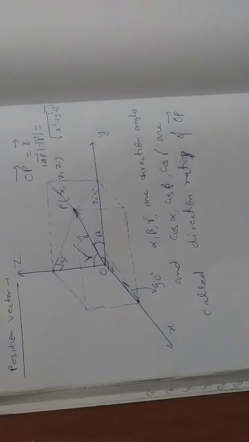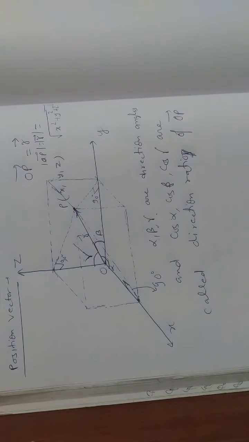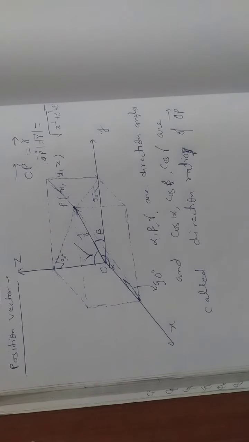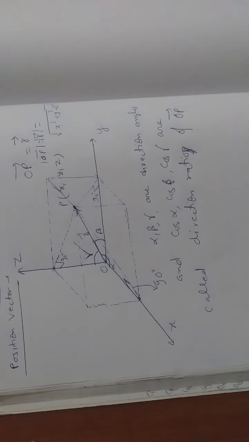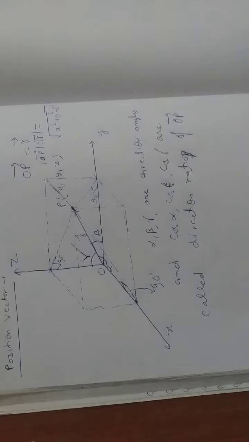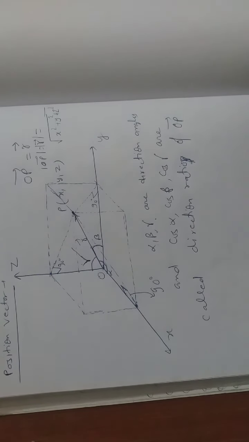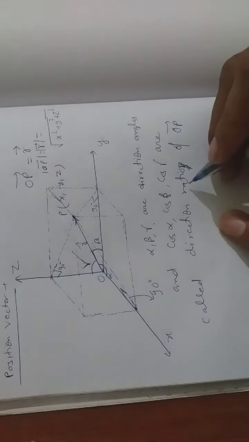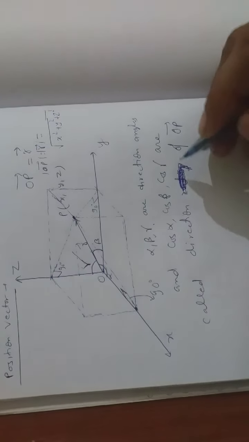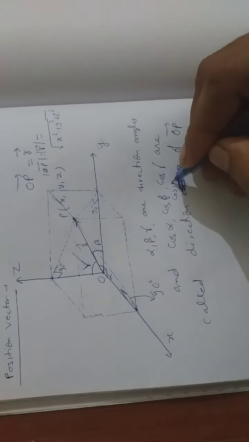In general, if any vector A makes angles alpha, beta, gamma respectively from the positive x, positive y and positive z directions, then cos alpha, cos beta, cos gamma are called the direction cosines of vector A. Here cos alpha, cos beta, cos gamma are called direction cosines, not direction ratios.